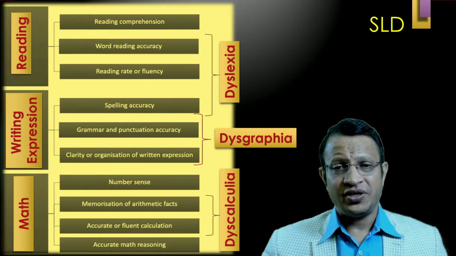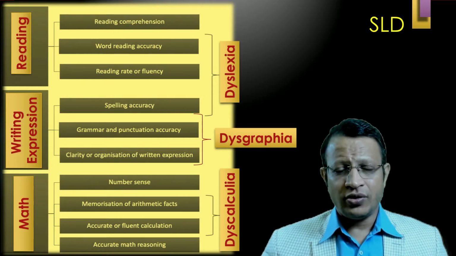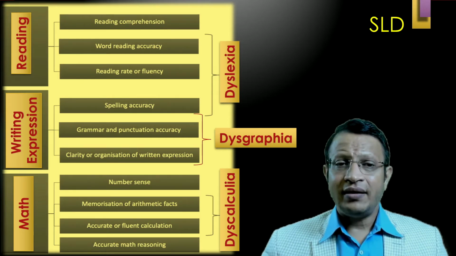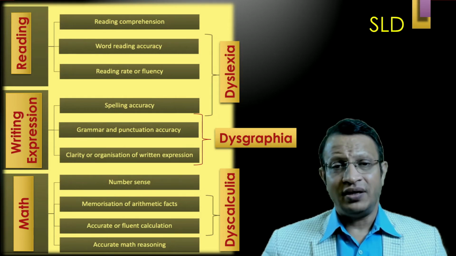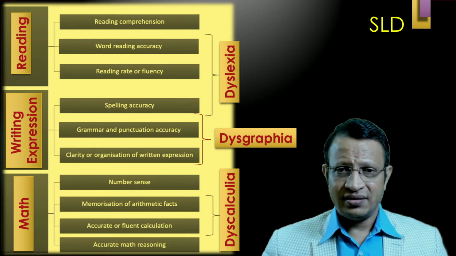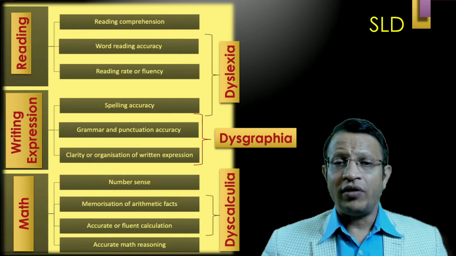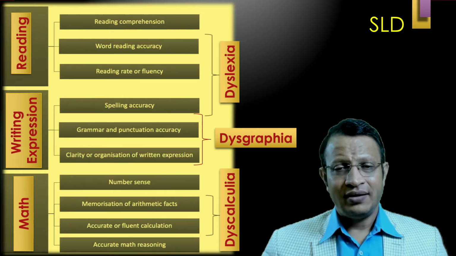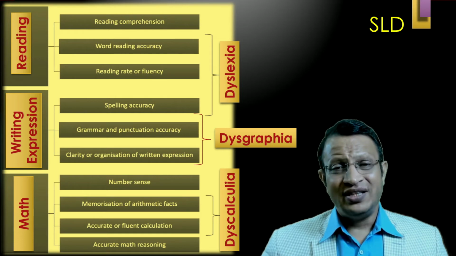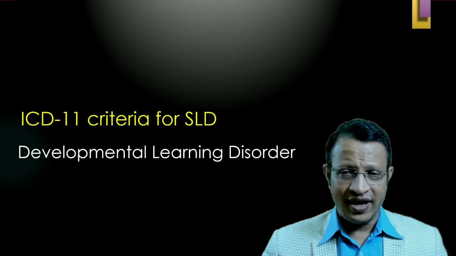Whereas in written expression, dysgraphia, it is the grammar, punctuation accuracy, clarity, or organization of the written expression. That will be coming under dysgraphia. The dyscalculia is number sense, memorization of arithmetic facts, accurate or fluent calculation, and mathematical reasoning. So these concepts form specific learning disorder under DSM-5.